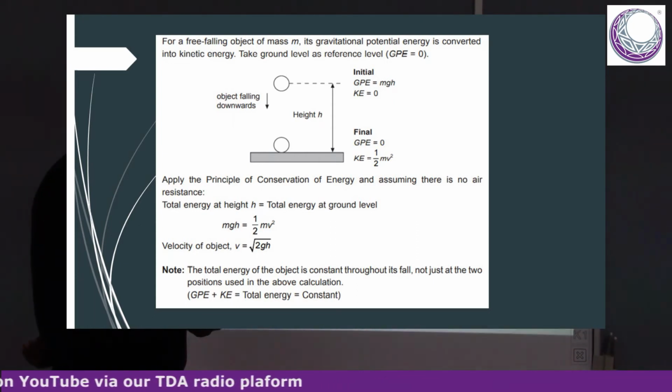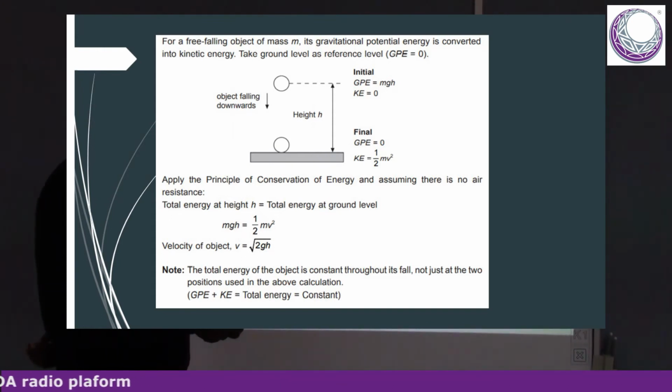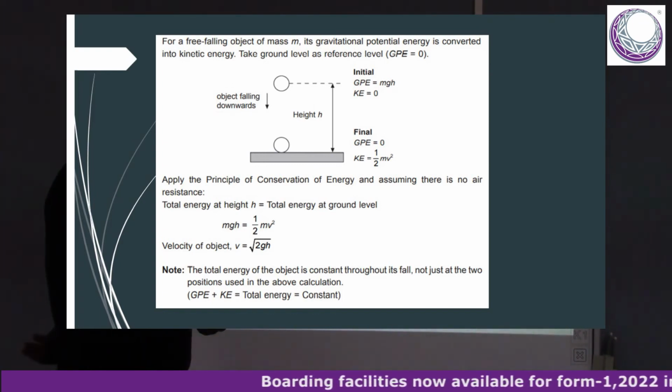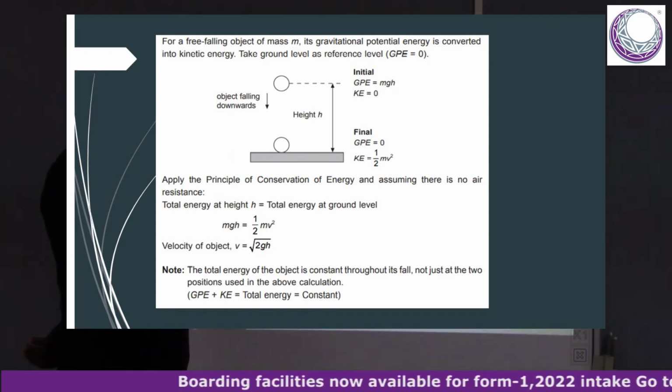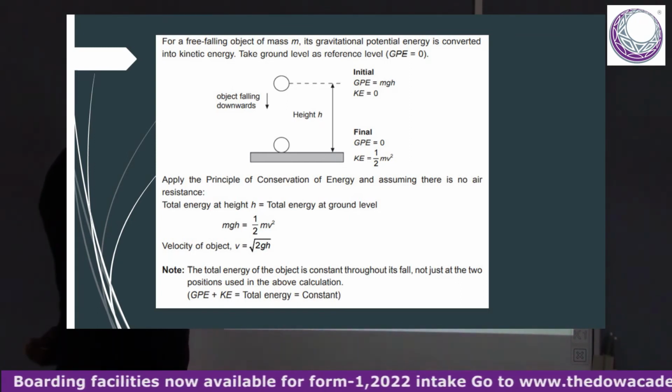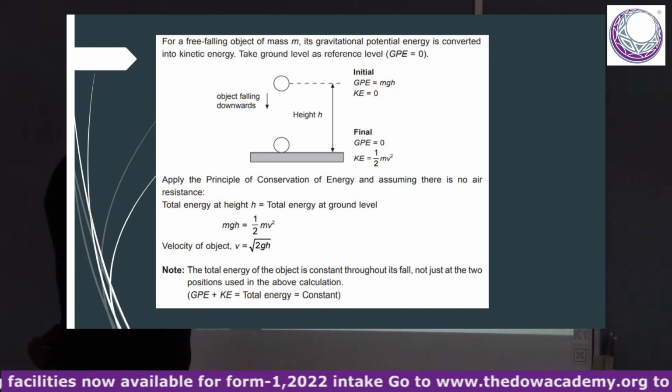Note the total energy of the object is constant. It didn't change throughout its fall. Not just at the two positions, but throughout its falling. The total energy did not change. It was constant, but it was appearing now in different forms. At one stage it was g.p.e, the other stage ke. Especially halfway here on the diagram, we have both g.p.e and ke as shown on the slide.